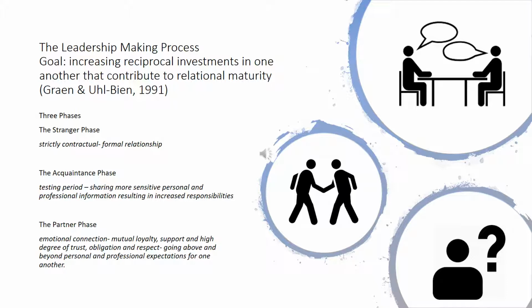Now, the partner phase is the third phase. This is when you are really beyond the personal and professional expectations. You are really a part of their lives, and they're a part of yours. You are loyal to each other. You're close.